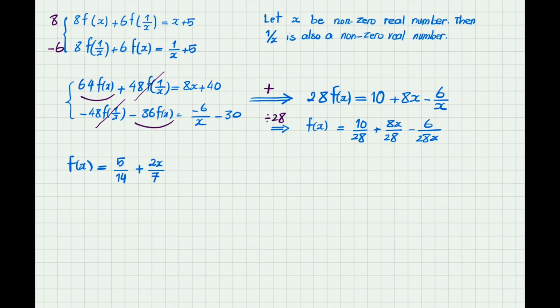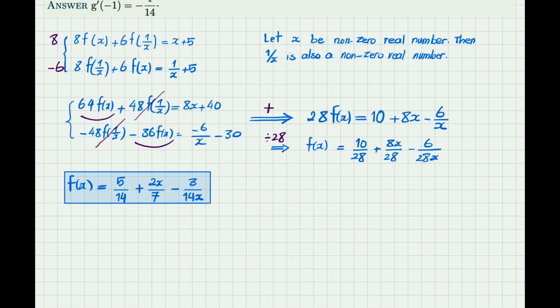And then I have 6 over 28. I can simplify by 2, 3, and 14. So it's minus 3 over 14x. Yes, so this is the function that I was looking for.